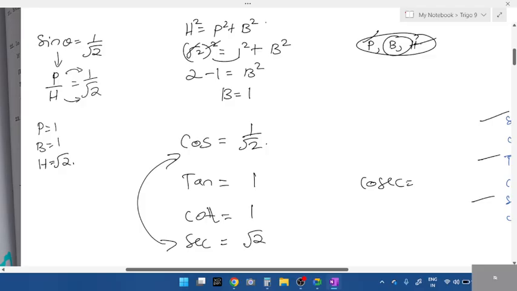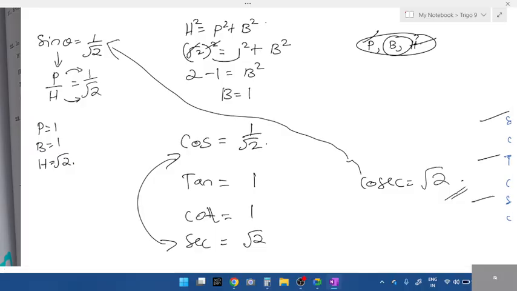What about cosec? Yes, cosec will be the reciprocal of which one? Sine. If sine is 1 by root 2, cosec will be root 2. So use the sine formula, replace sine by perpendicular by hypotenuse.